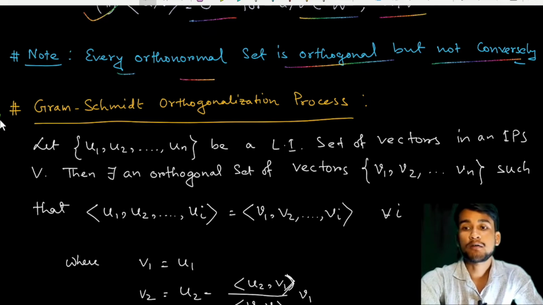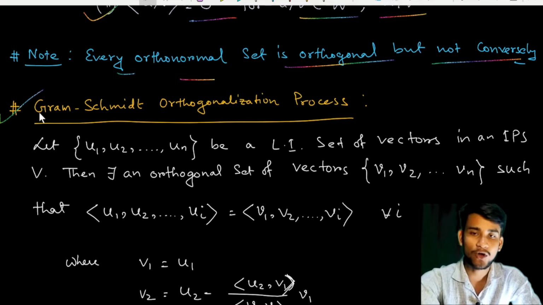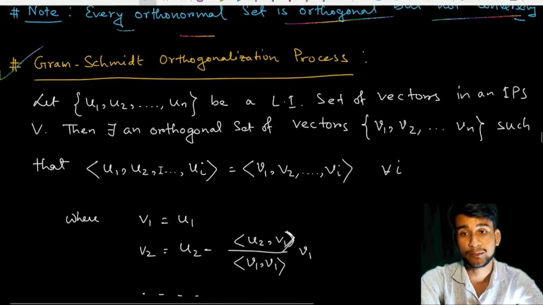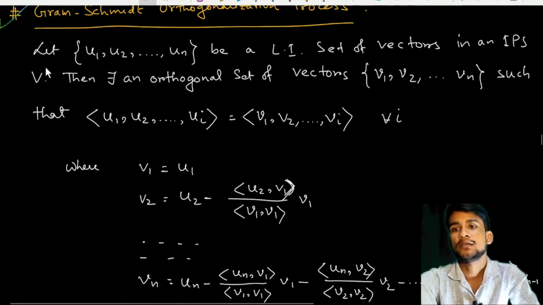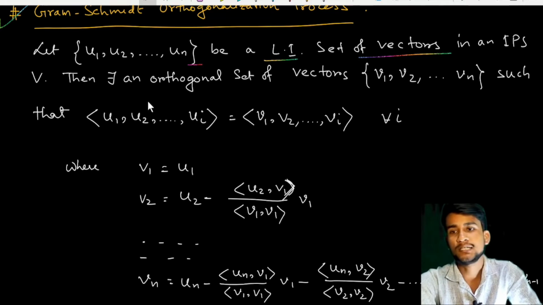Now the Gram-Schmidt process. We just state the process and don't go into the details, because discussing this theorem takes a long time. So we skip the complete process and just write it. Let u1, u2, ..., un be a linearly independent set of vectors in an inner product space.